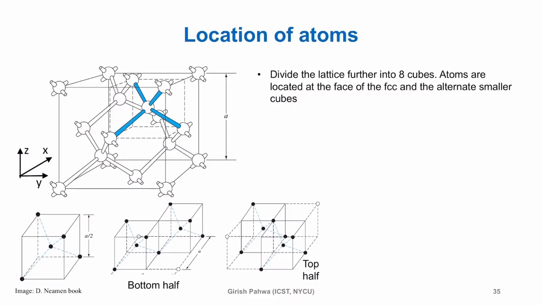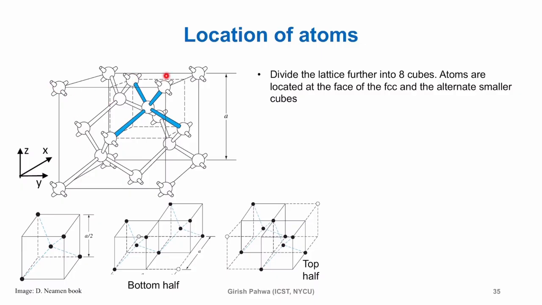Can you find out, by the way, the location of these atoms? The coordinates. FCC is easier to do, right? The outer one. This, the outer structure, right? So the outer structure is simple cubic.